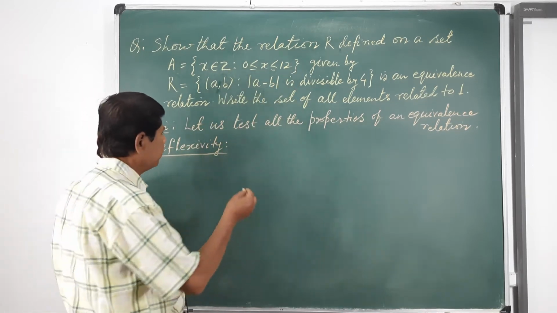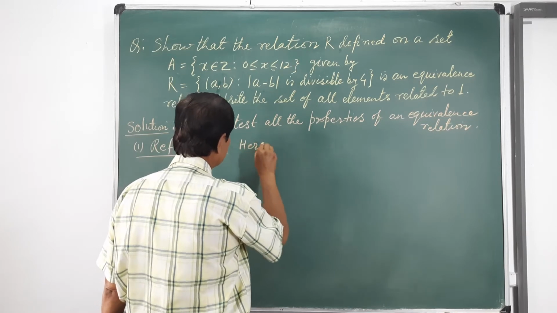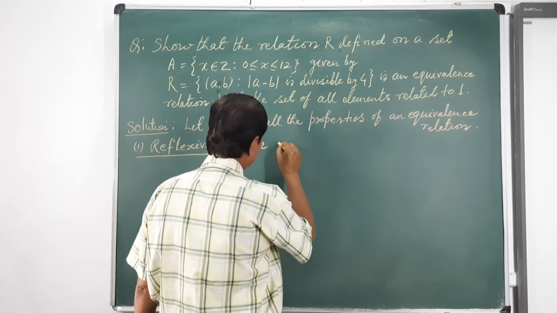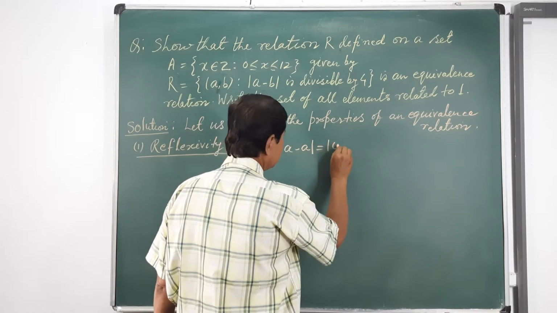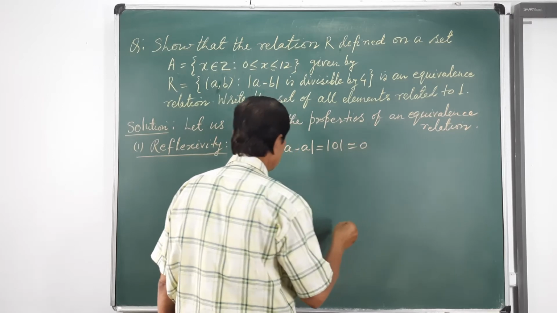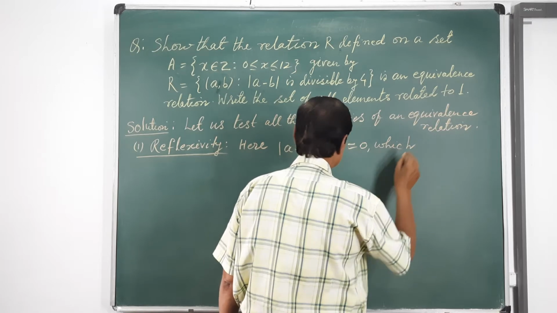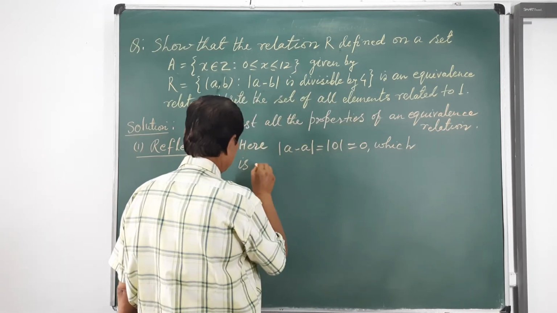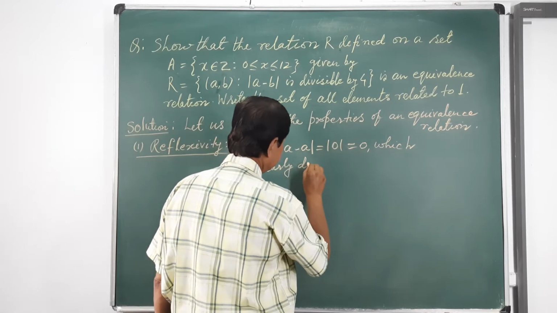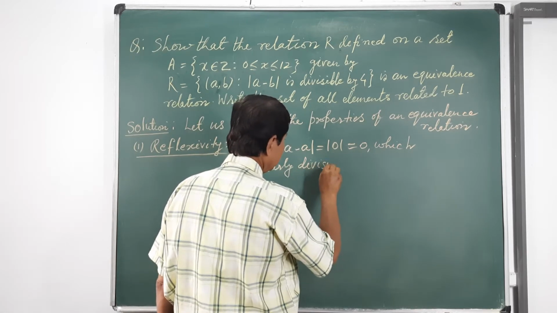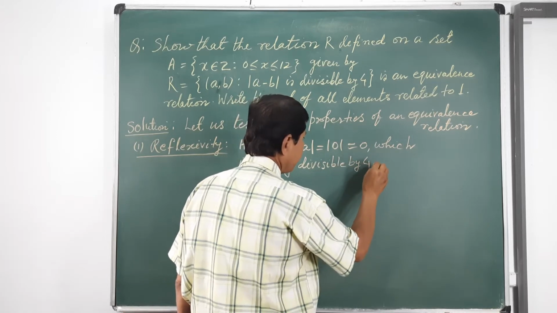Now, we can write that in reflexivity here: mod of a minus a equals mod of 0 equals 0, which is clearly divisible by 4.